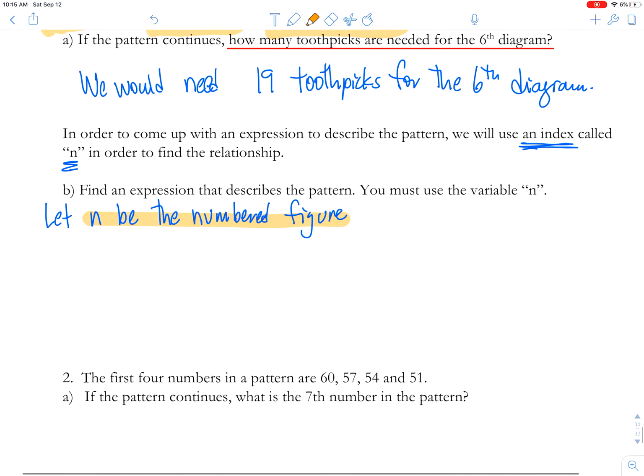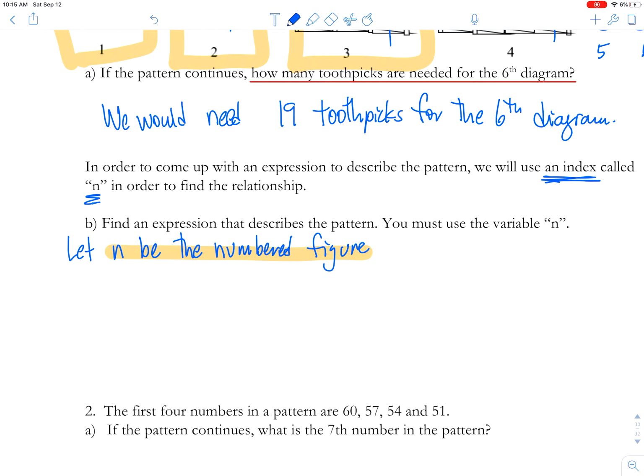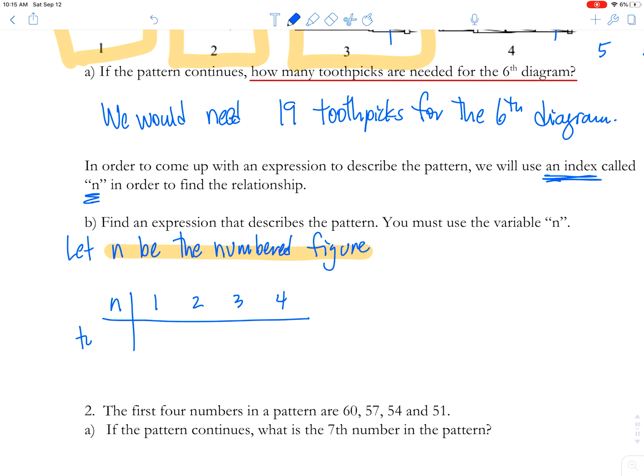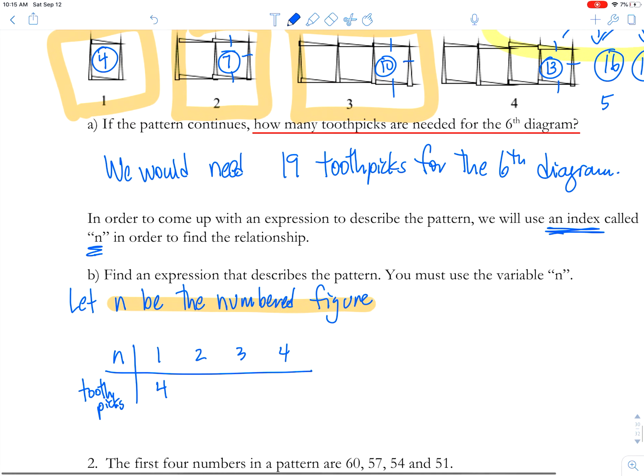then I have a pattern that looks like this. n of 1, 2, 3, 4. So that's my figures. And this would be the number of toothpicks. It was 4, 7, 10, and 13.